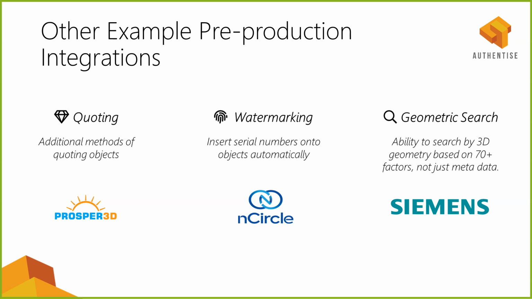Watermarking is the ability to add serial numbers into an object, and that's already present in Authentise. Geometric search also allows you to search the platform for similar designs that were printed in the past. So various functions that typically happen outside of the system can now, because they are headless and at API level, be brought into the system without any interface changes.